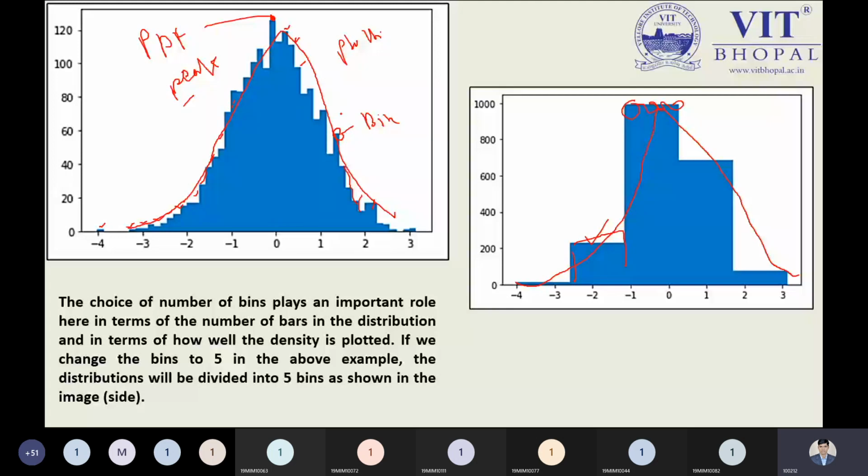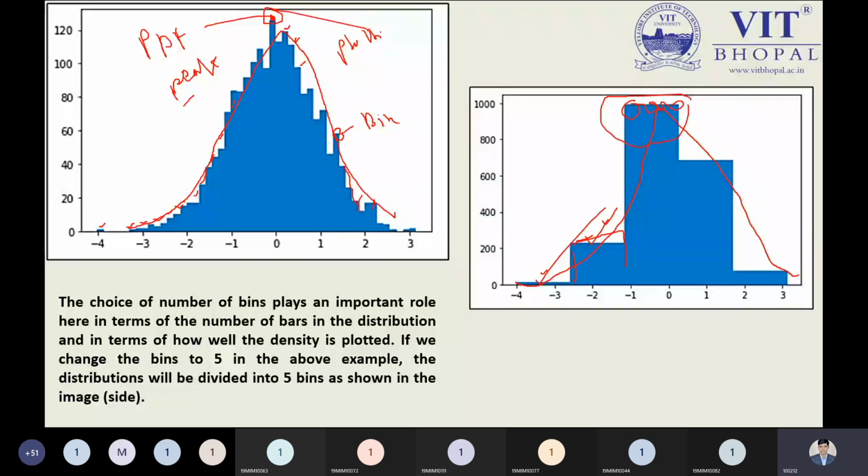But when talking about the other image, you can observe that if we change the total number of bins, say 1, 2, 3, 4, 5, dividing our total data points into 5 different sections and using a bar graph, the representation looks like this, and some of the data points belong to the top level, the peak of the bar graph, just like the peak of the probability density function.